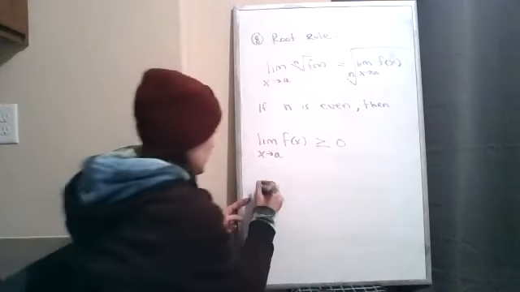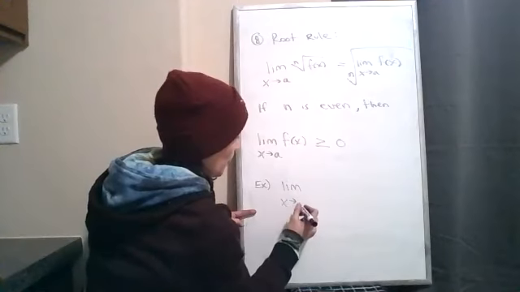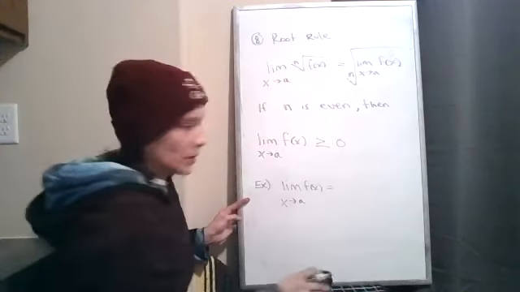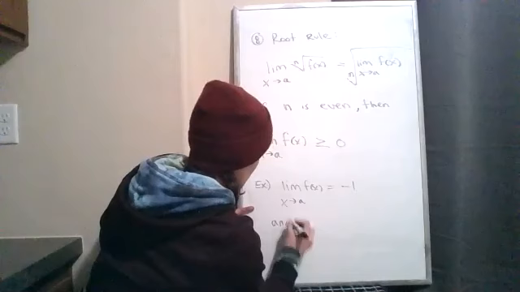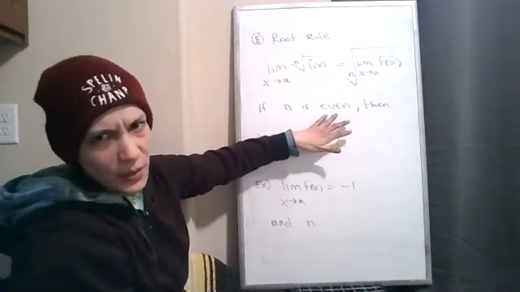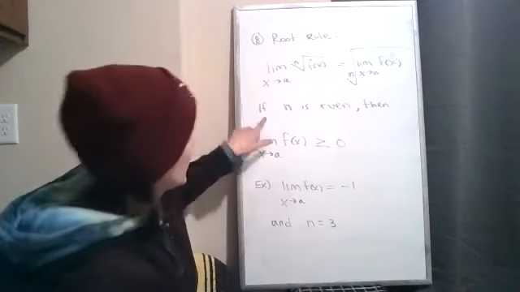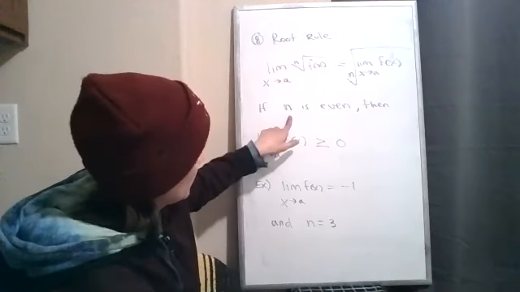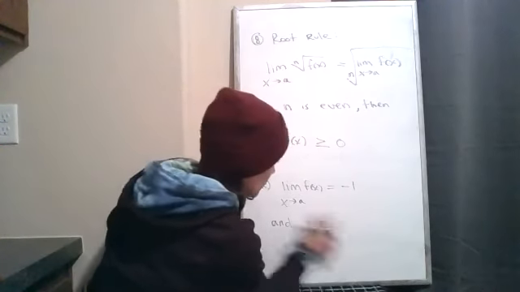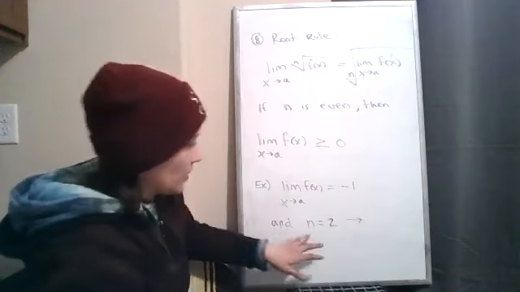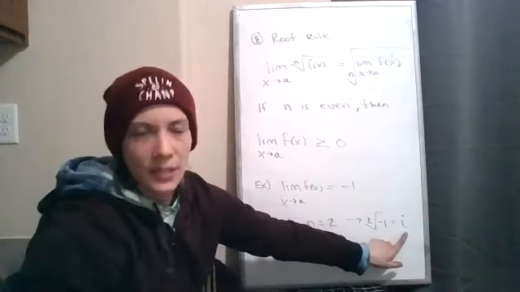It's just that if f of x equals some negative number, like negative 1, and n is even, say n is 2, we have something like the square root of negative 1, which is the imaginary number, the complex number i.